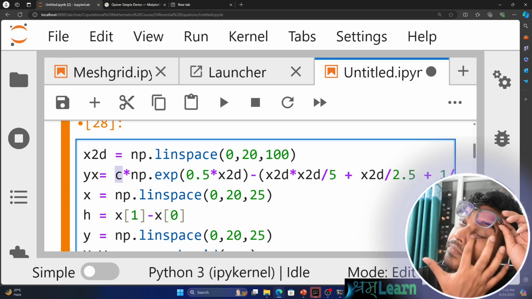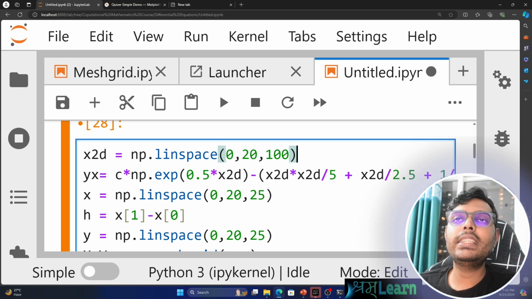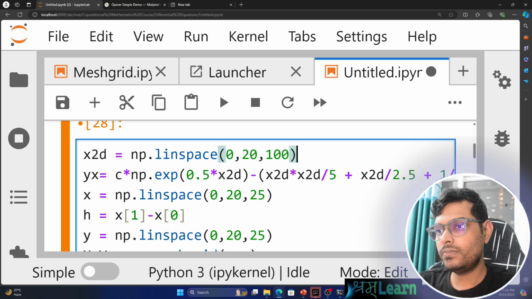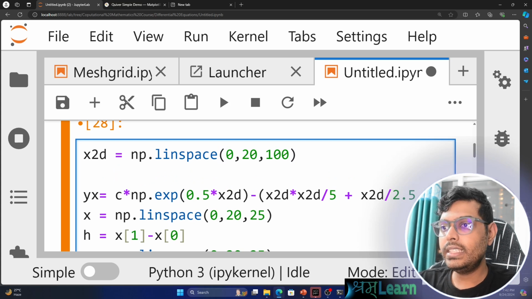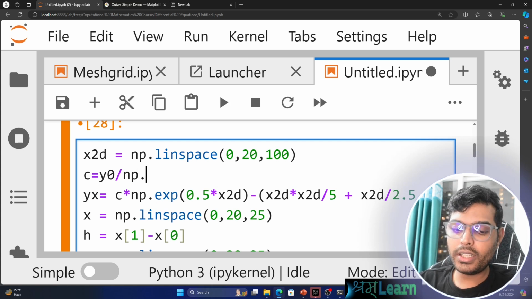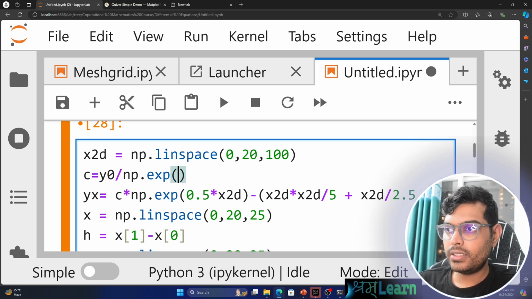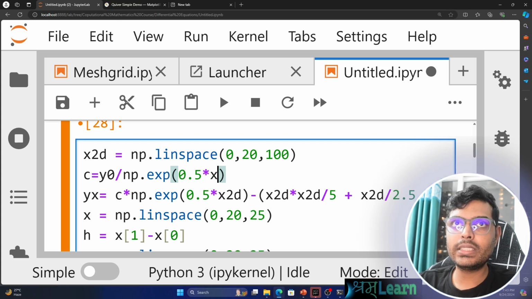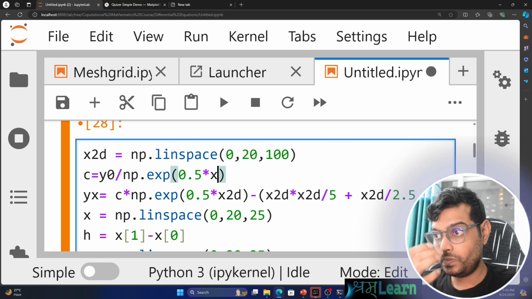Okay, so c is nothing but y0 divided by np dot exp 0.5 into x0.